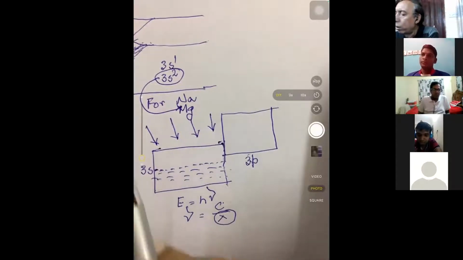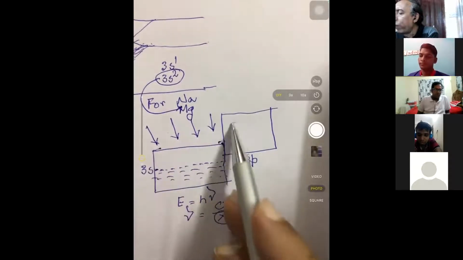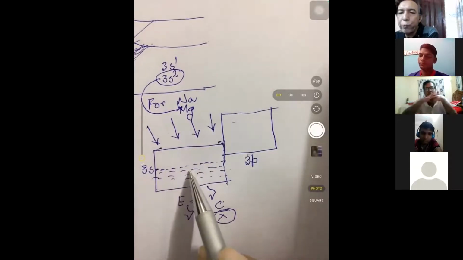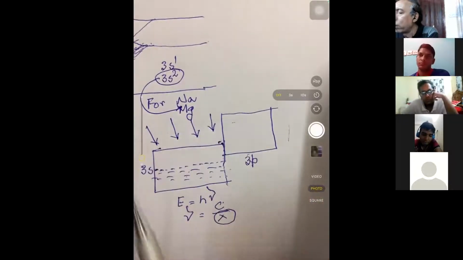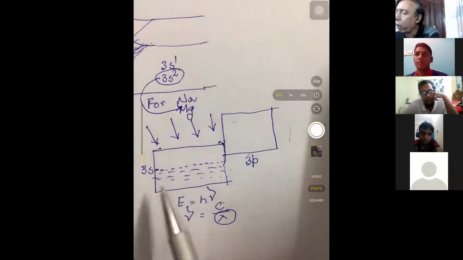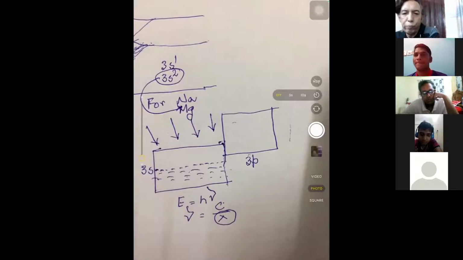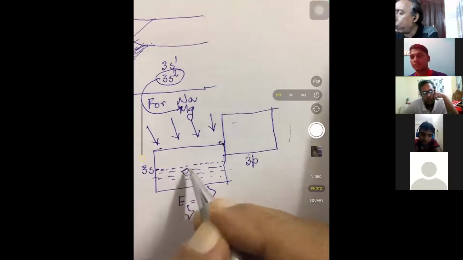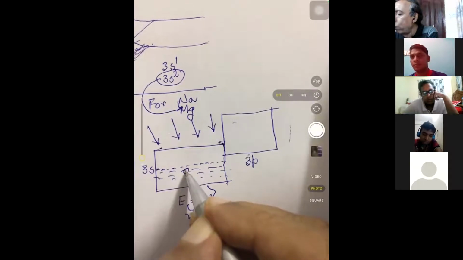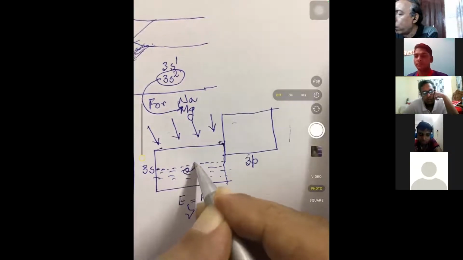Now, if light of energy h nu falls on, say for example, a sodium atom, then the electrons from the sodium atom move from here to here.